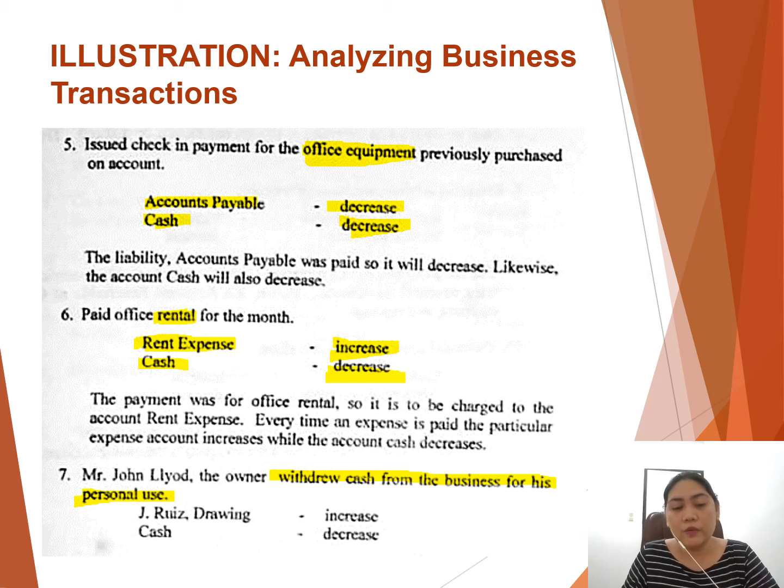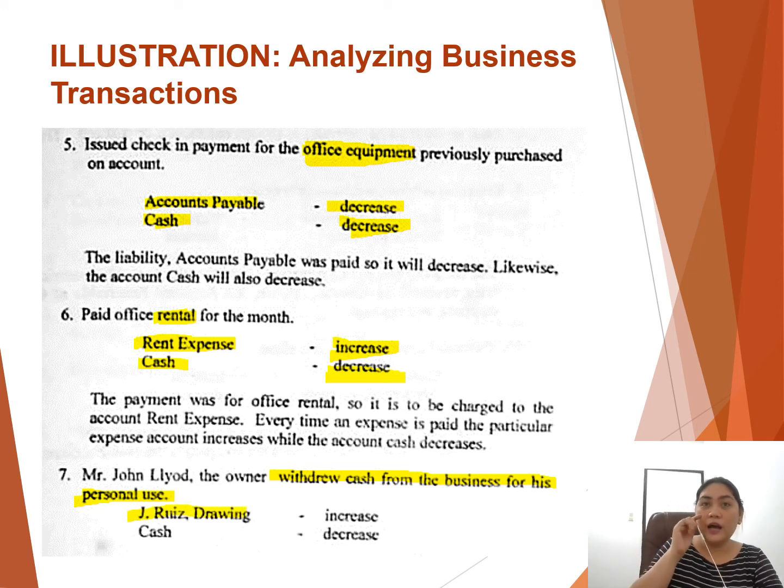So, that's why, what are the elements that are affected here? So, the elements that are affected here are the owner's equity and cash. And what are the specific accounts? Sorry, the elements that are affected are owner's equity and asset. So, what are the specific accounts? The specific accounts are, yan, J. Ruiz drawing.